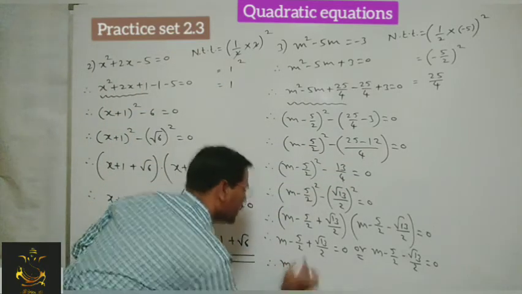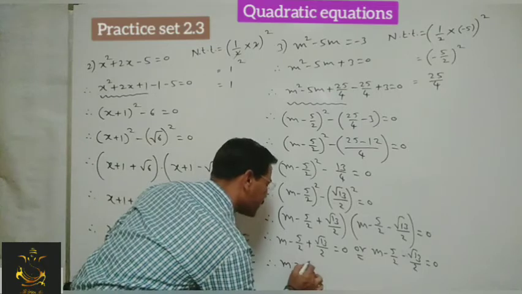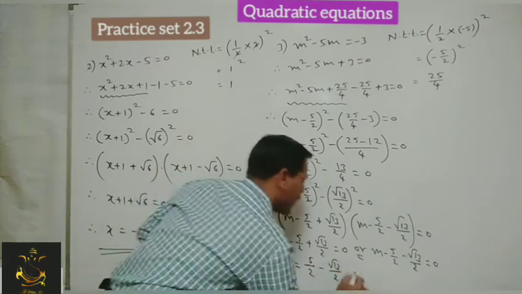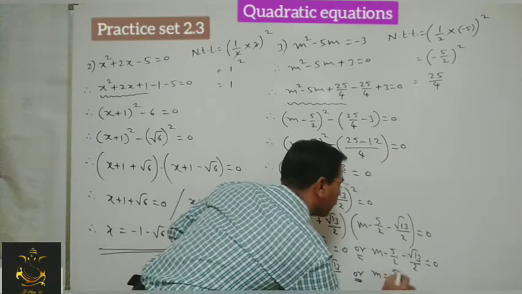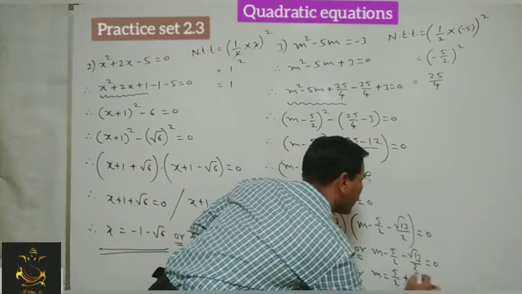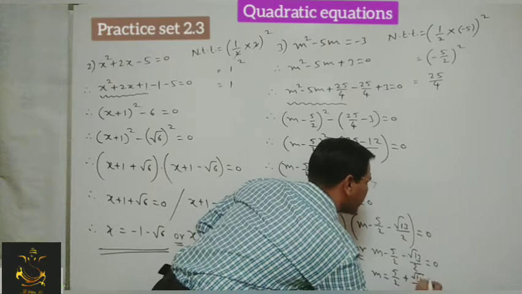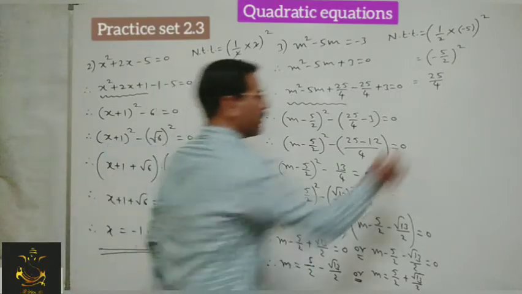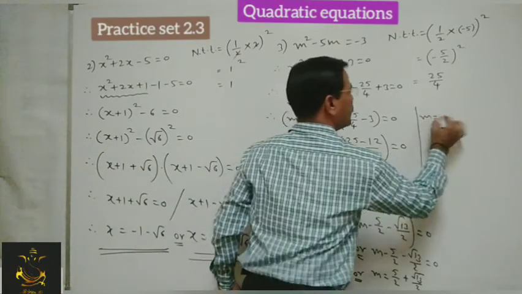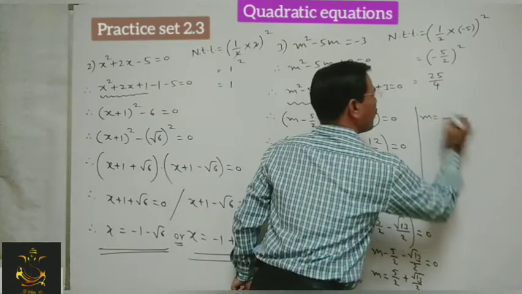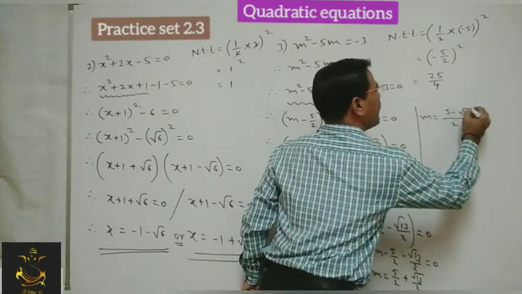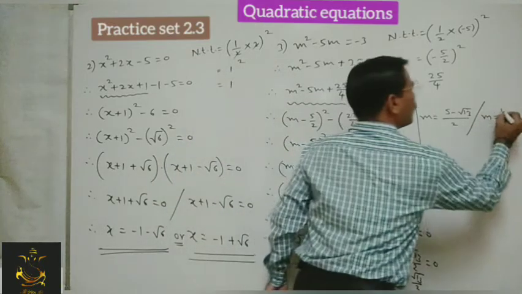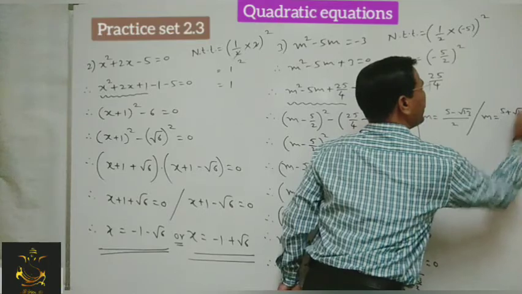So here, that is plus 5 by 2 minus root 13 by 2, and that side m is equal to plus 5 by 2, here it is plus root 13 by 2. Or you can write these two just once only. How can we write? See here, m is equal to (5 minus root 13) upon 2, or m is equal to (5 plus root 13) upon 2.